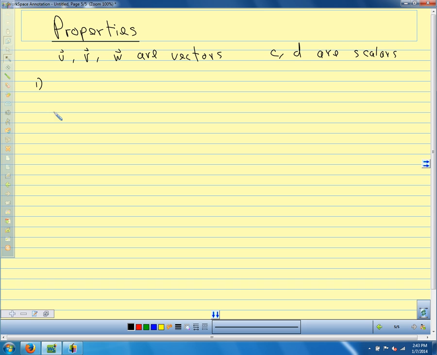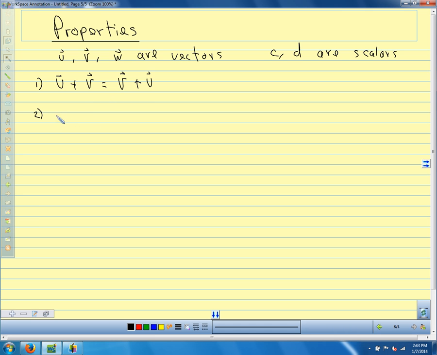The first property: it doesn't matter which order we add vectors. So U plus V equals V plus U. A little later, we'll get to a way of working with vectors where the order does matter, so we can't switch them around. In this case it does not matter. This is our commutative property, just to give it a name.